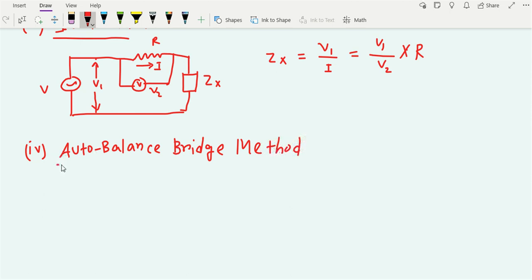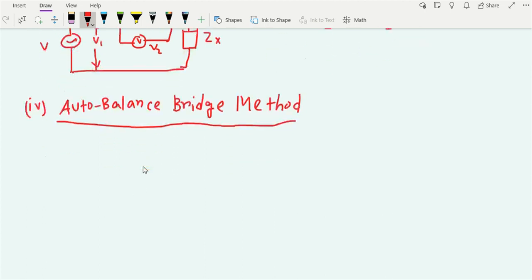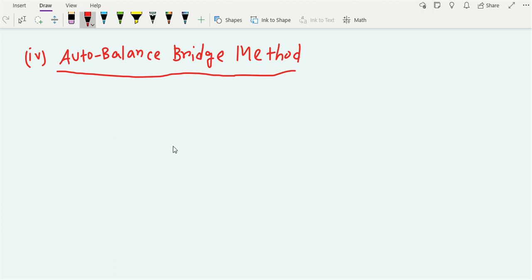Okay, so this is a very good impedance measurement method. Let's draw first the circuit diagram. So this is the voltage source.